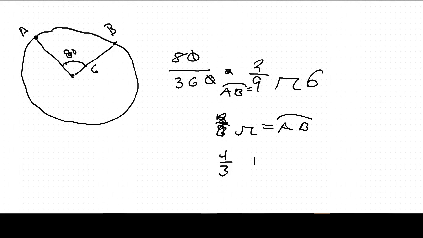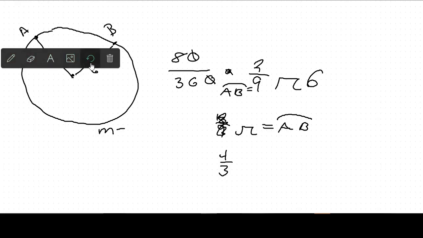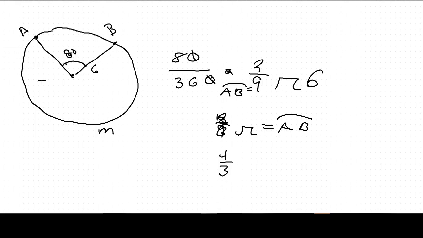Okay. What's the measure of chord AB? How do you do that one again? It's the little m one. So write the symbol for it. It's that, and then it's AB.